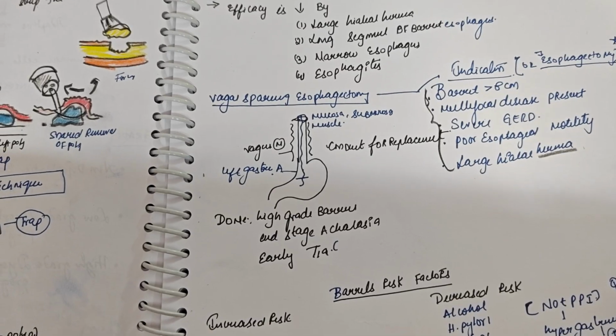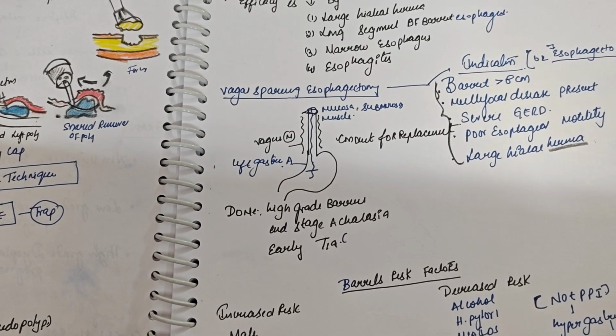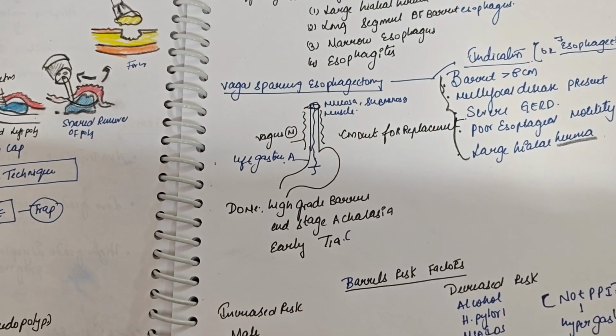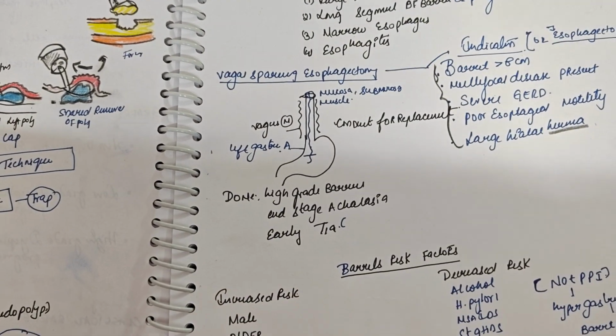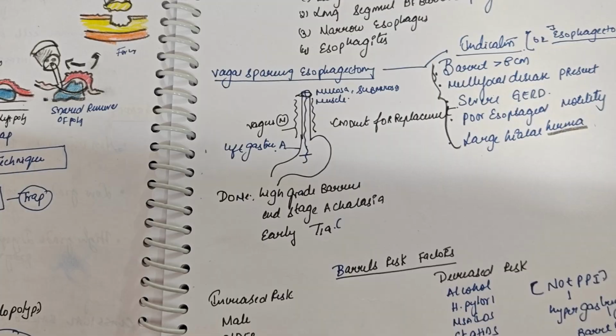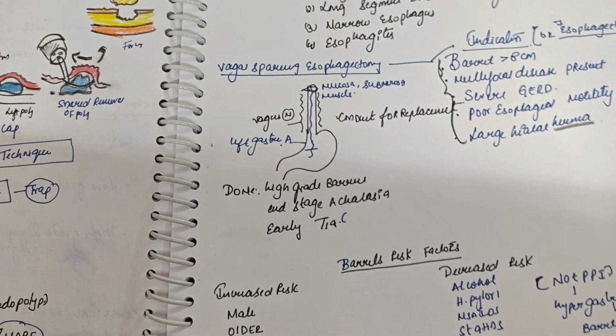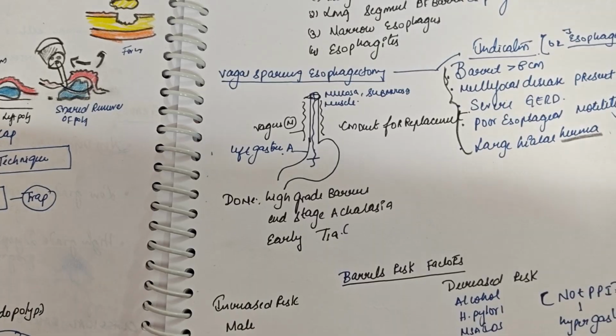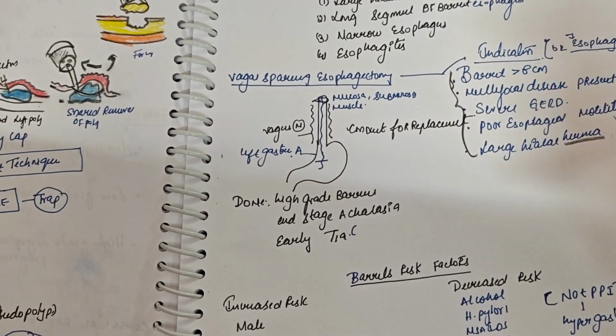What exactly happens is, you make an incision at the stomach. You pass a wire, the one we use for stripping; it is a stripper. We pass the stripper from the stomach, it goes into the esophagus.